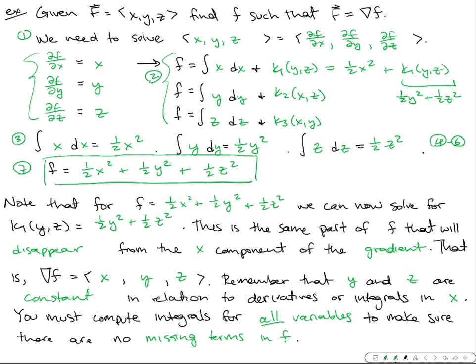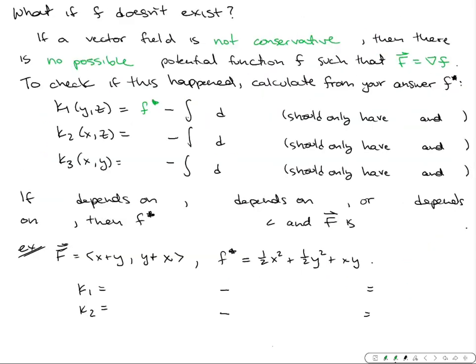We're just going to calculate those things and see if that's true. K1 should be equal to your answer minus a, the first component of capital F, integrated with respect to x. You just need to verify that this only has y and z in the answer, because K1 is supposed to be a function of y and z.